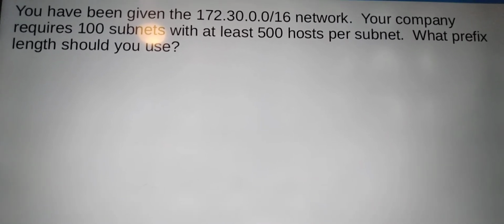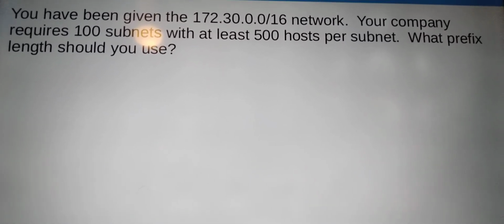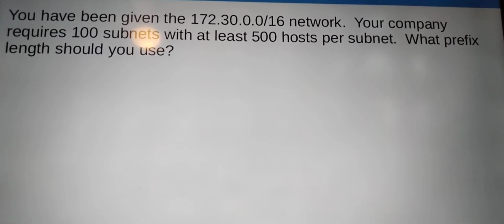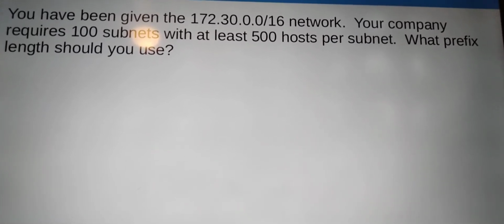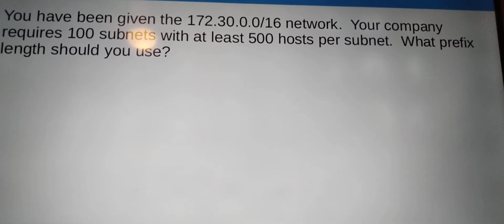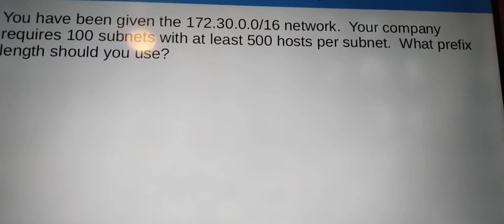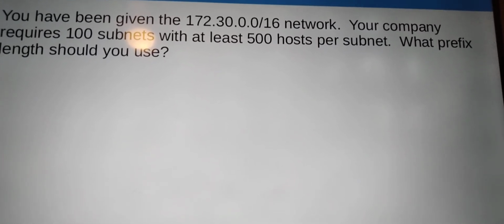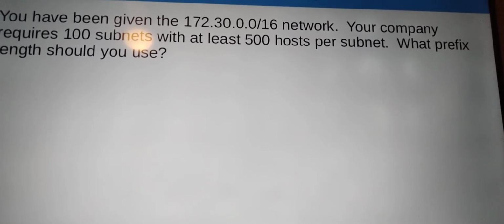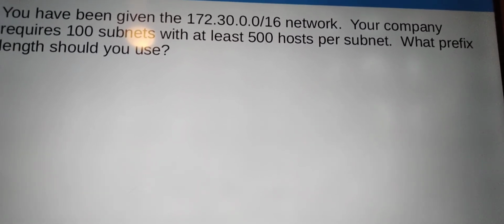So this is going to be question 1. Once you have been granted the 172.30.0.0/16 network, we need 100 subnets with approximately 500 hosts per subnet. So what we need to find is the prefix length that we should use.